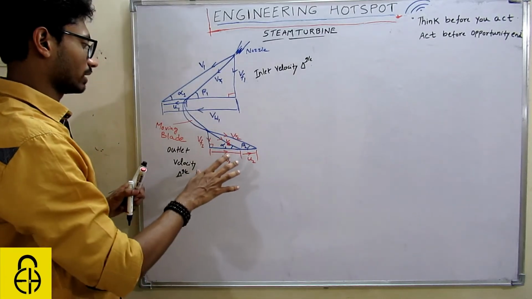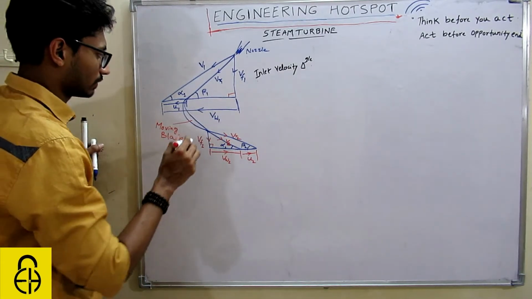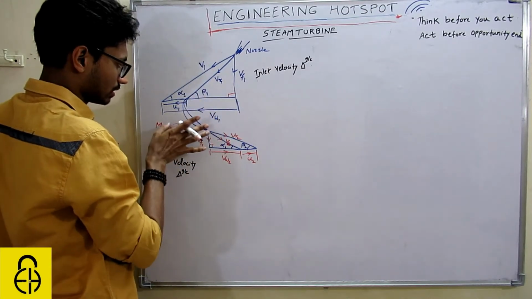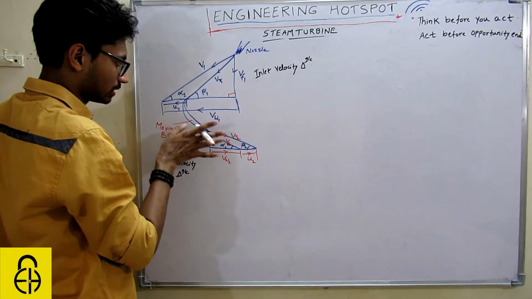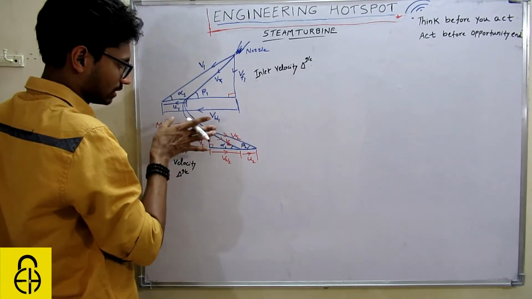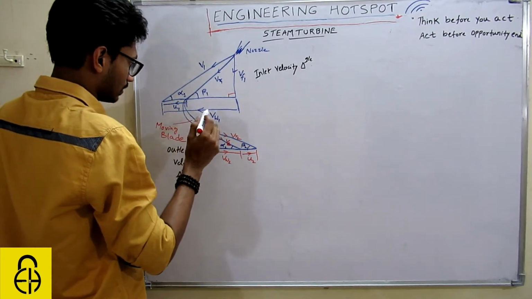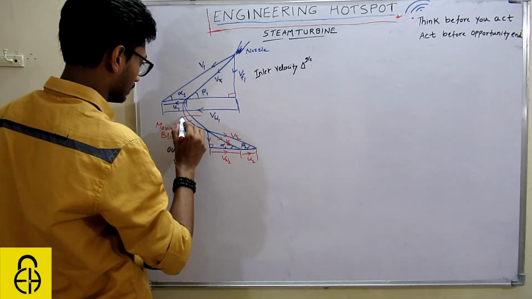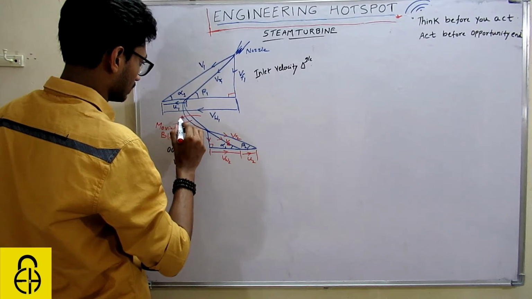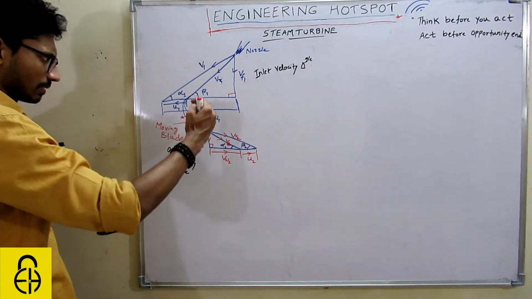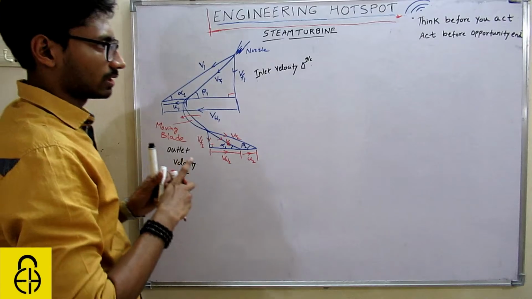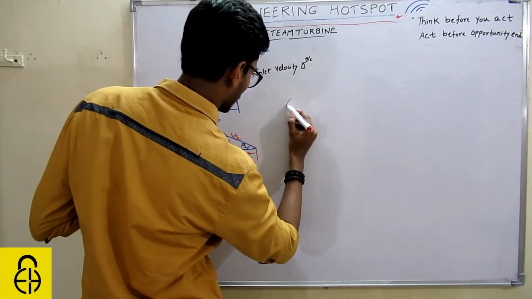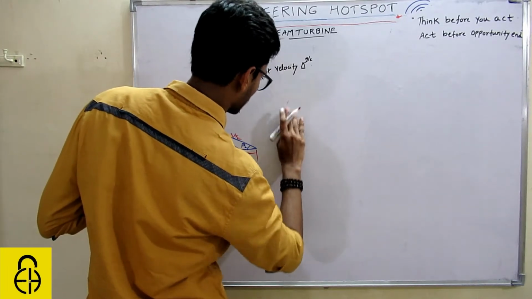So this is your outlet velocity triangle. The velocity coming in is in this way, and the velocity going out from this blade is in this way, so it will cause the blade to move in this way. The profile of this blade is like this.